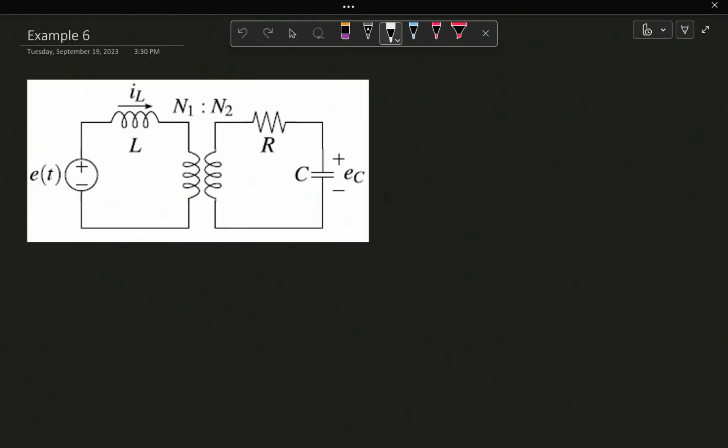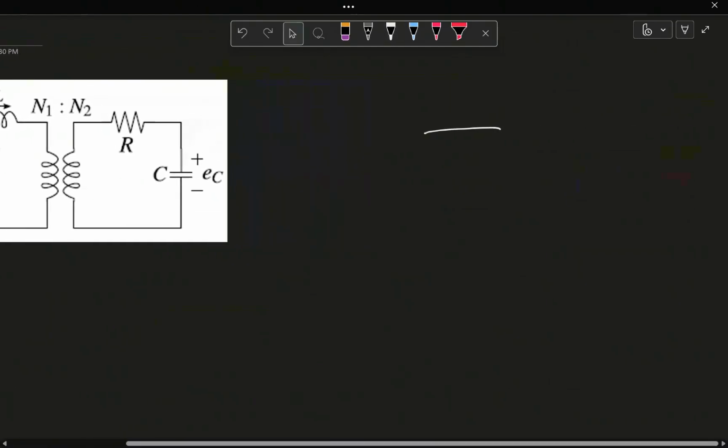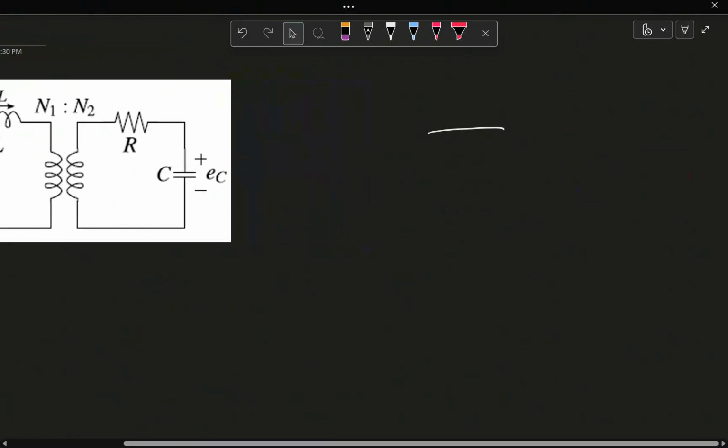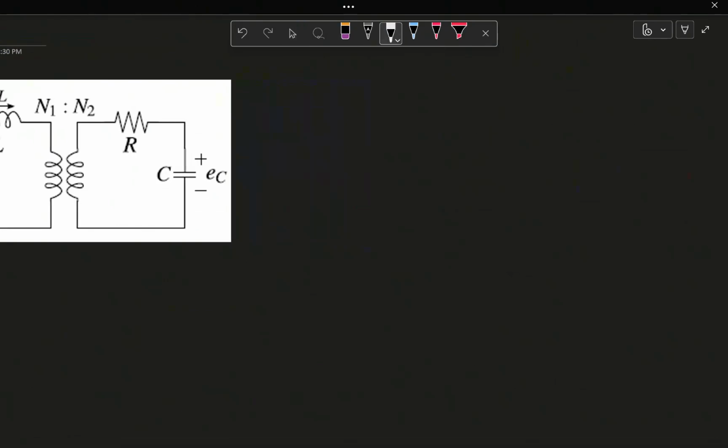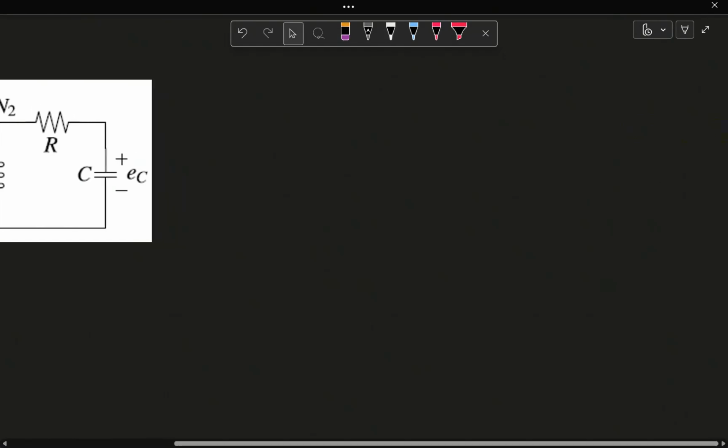So before solving this problem, I want to talk a little bit about transformers in general. In chapter 1, we defined transformers as elements that connect the effort on the first side to the effort on the second side with a constant number.